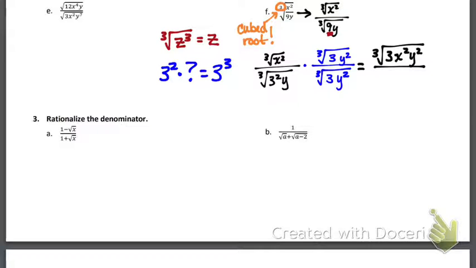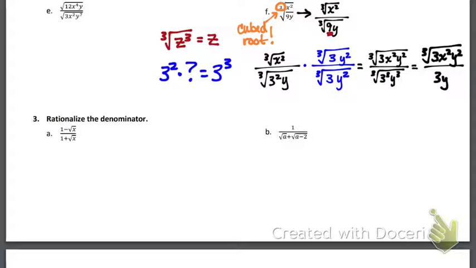Yeah, just 3y. Because when I multiply this together, I'm going to get the cubed root of 3 cubed and y cubed, which is just going to give me 3y. So that numerator, cubed root of 3x squared y squared, over 3y.